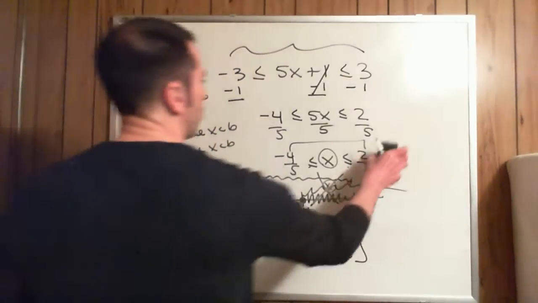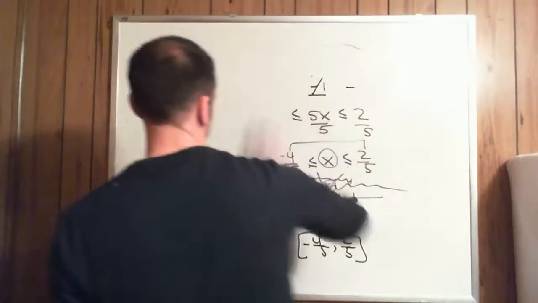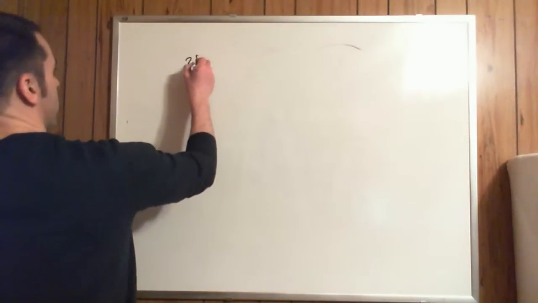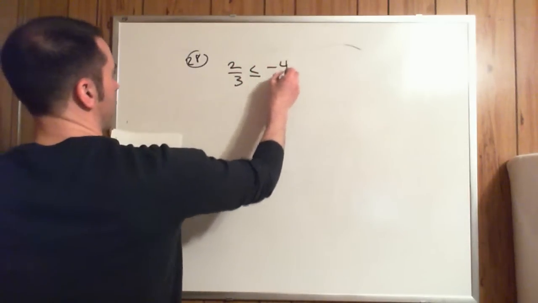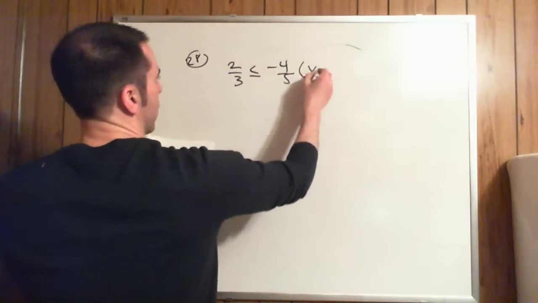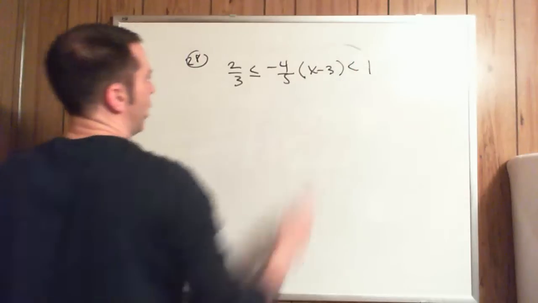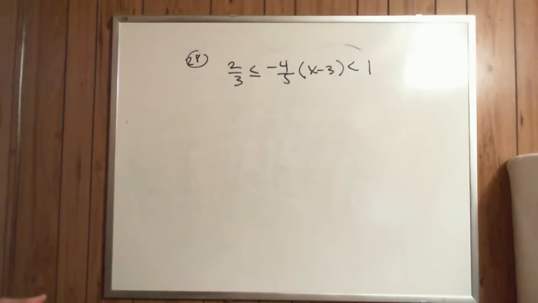Okay, next, number 28. We have the inequality 2/3 less than or equal to negative 4 over 5 times x minus 3 is less than 1. Okay, it's another and problem. It's a fraction.